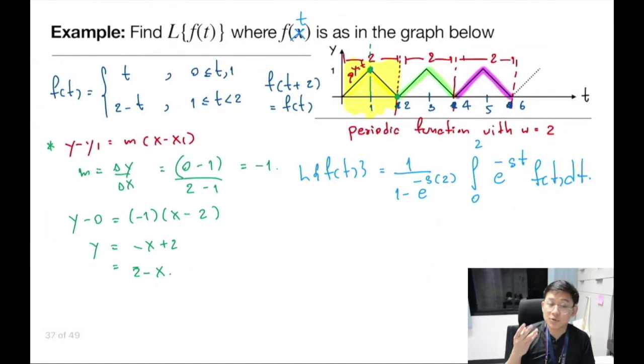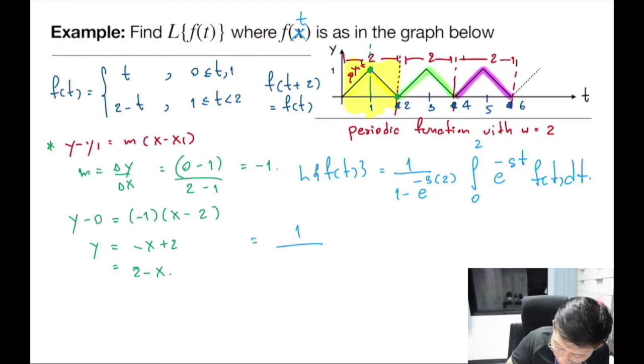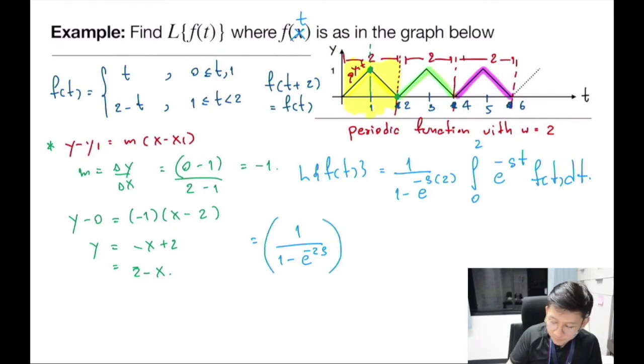Right now our w is 2, so it's going to be 1 over 1 minus e to the minus 2s, times the integral from 0 to 2 of e to the minus st f(t) dt.